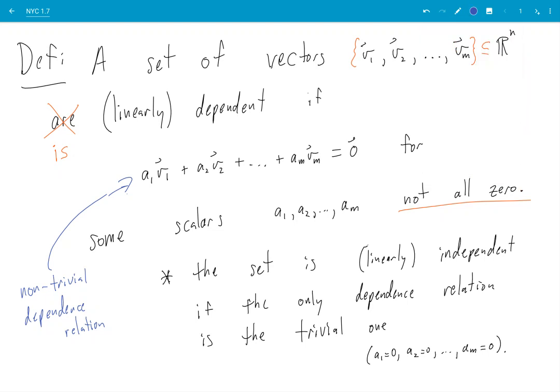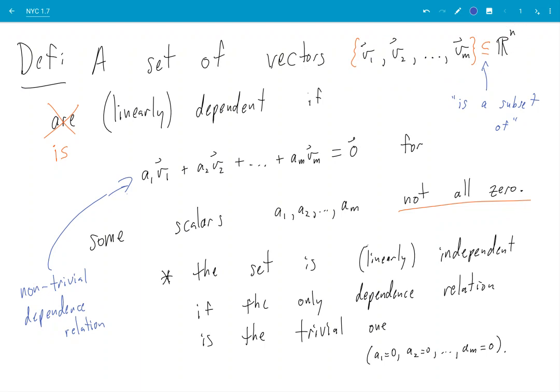And in English, this is a subset of. So in English, we're saying this set of M vectors is a subset of Rn.